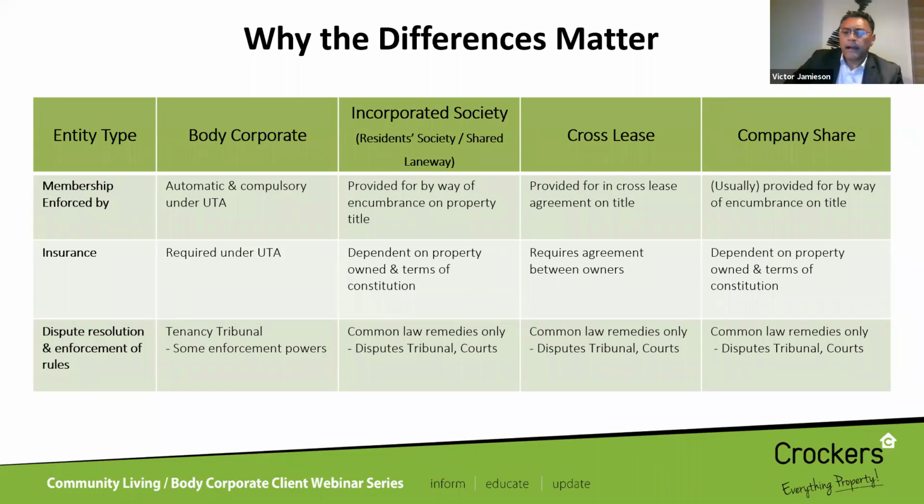Right, gotcha. How would I know, though, that I was meant to be a member of one of these societies? So the title of the property will include what's known as an encumbrance. That's a legal device that means there's an obligation that the current owner and all future owners of the property must be aware of and fulfill. Encumbrances don't always relate to community living entities.